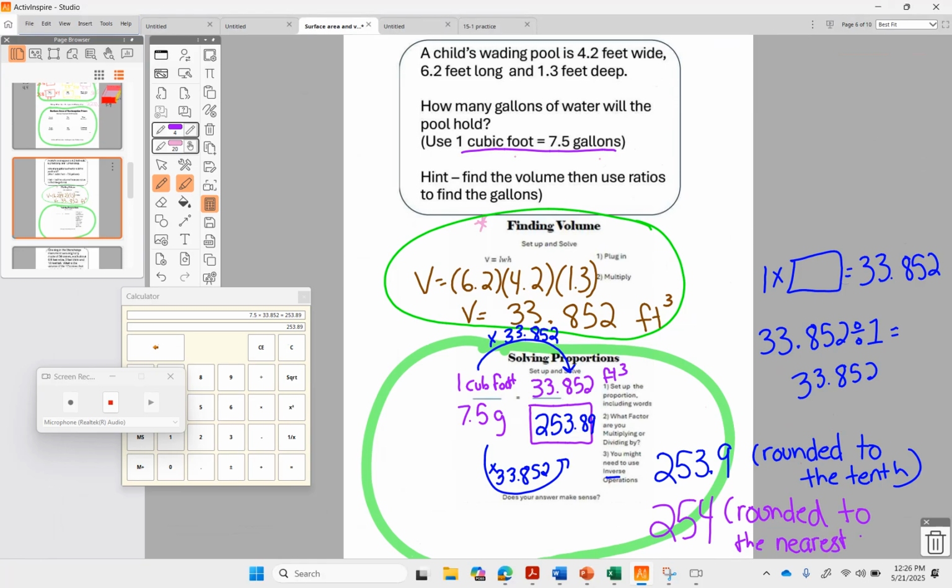So for instance, if you're buying, and sometimes people do, they fill up pools by having companies come and deliver water. In that case, you can't get 253.9 gallons. You have to order 254, and some of it's going to spill out. Okay? But that's an idea of how you do the problem and how you use the math mat. Let's go on to the next one.